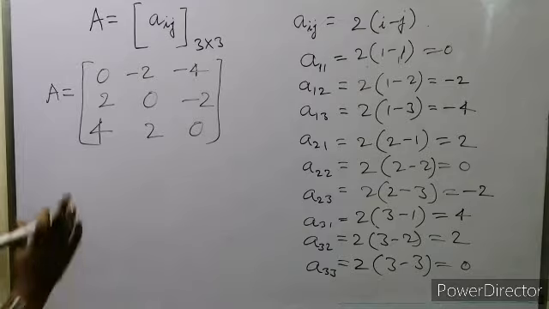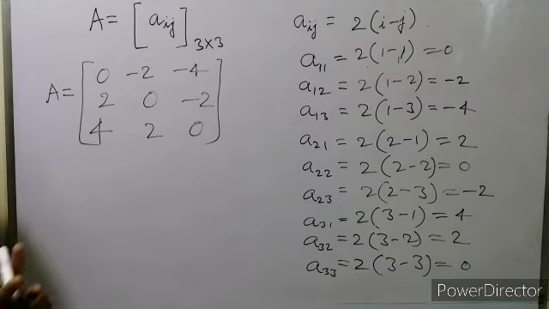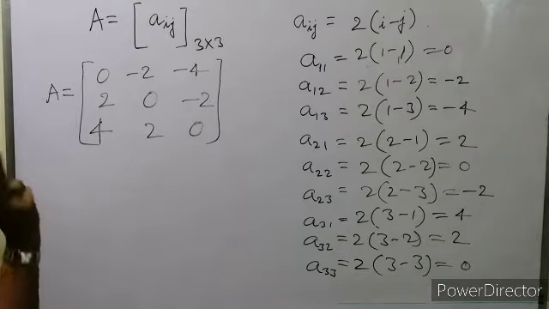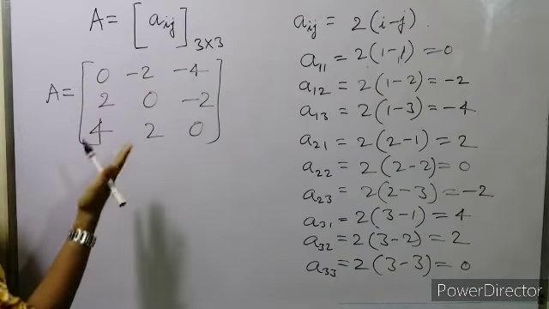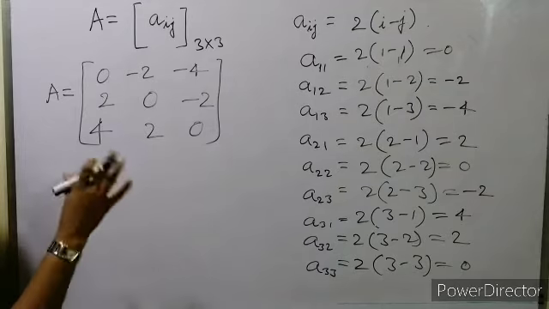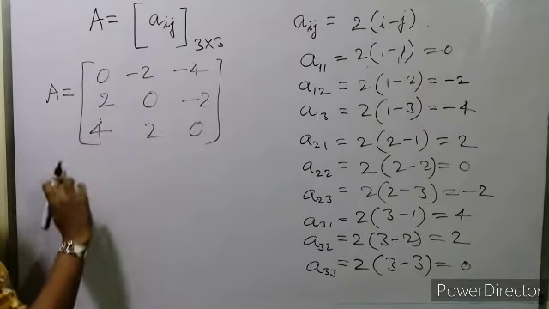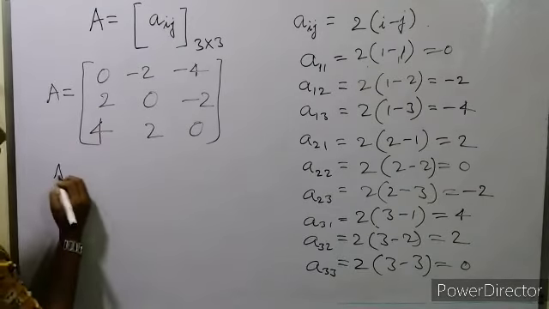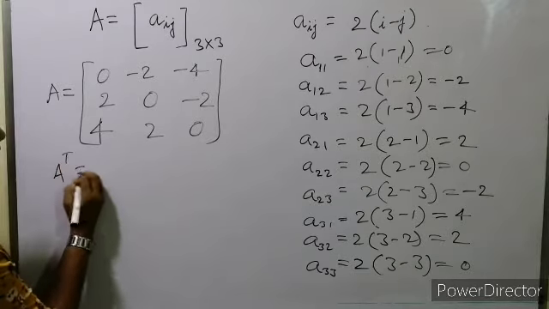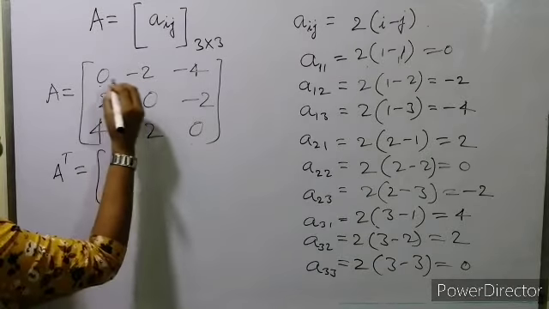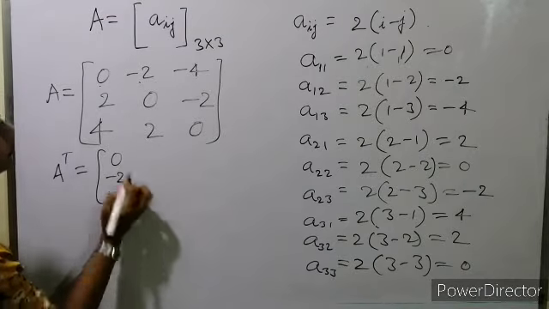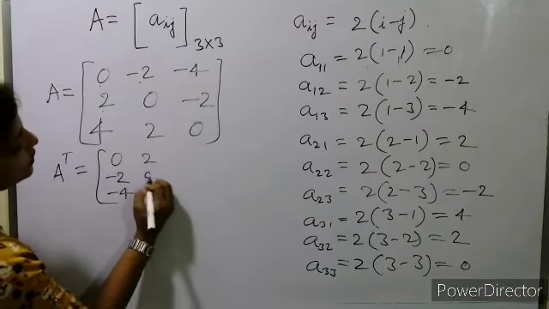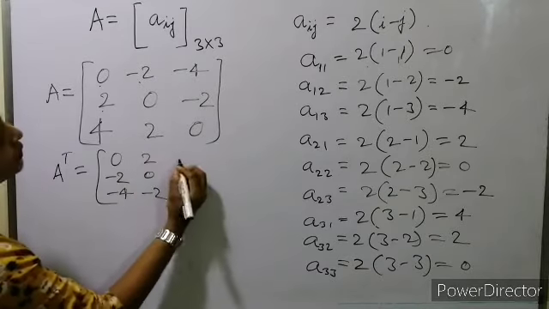What is this matrix, symmetric or skew symmetric? Yes, this is skew symmetric, because when we interchange rows and columns we get negatives. A will be equal to minus A transpose, because A transpose will be 0 minus 2 minus 4, 2 0 minus 2, 4 2 0.